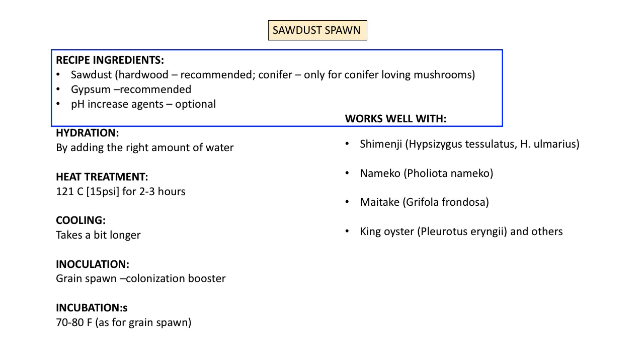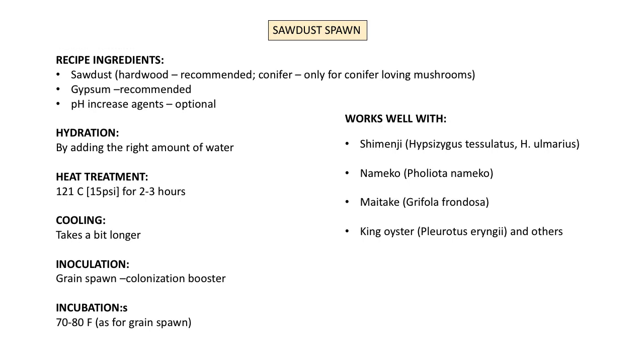This because when we make sawdust spawn, it has way lower contamination rate compared to when you would do that with grain. So the next step will be to hydrate the sawdust, which is done differently in this case.